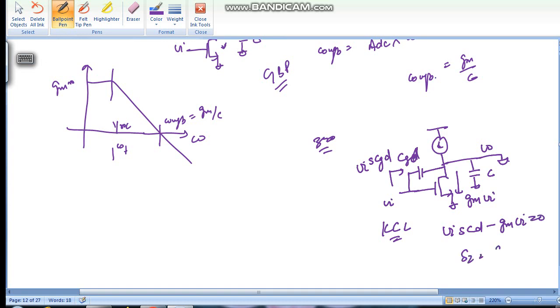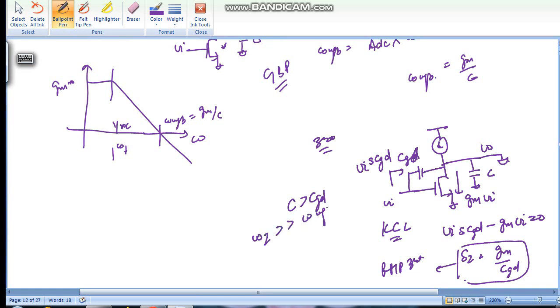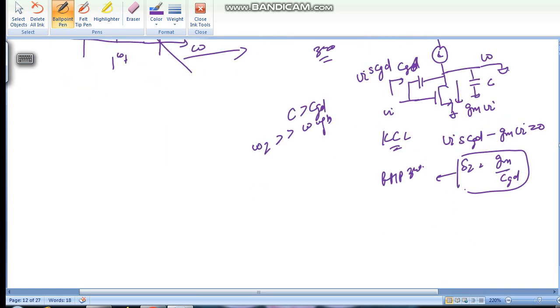So S Z equals GM by CGD. So this is a right hand plane zero. Now CGD cap is usually very small, so this is very far away from UGB, because output cap C is greater than CGD, omega Z is much farther than UGB.